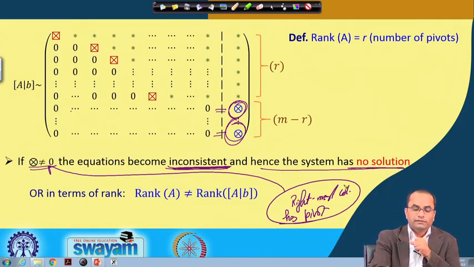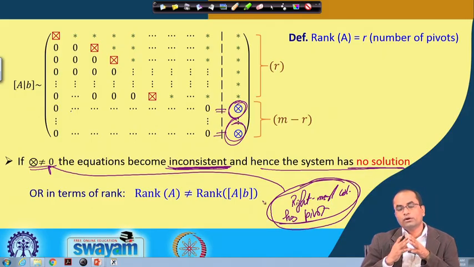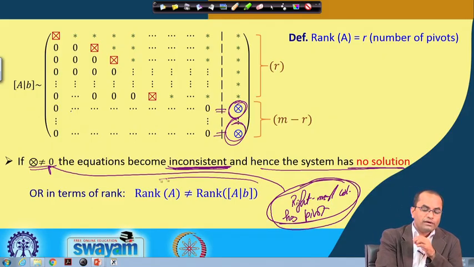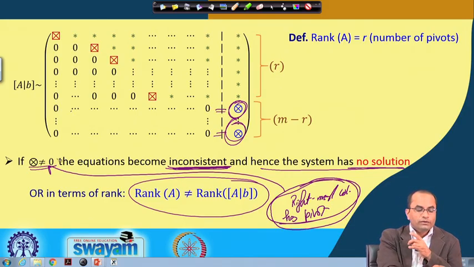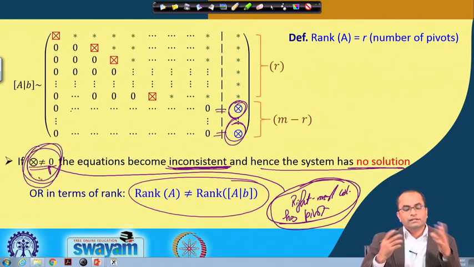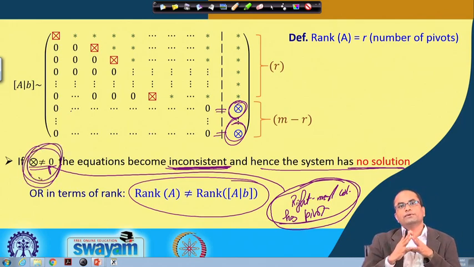So, either the rightmost column has a pivot, or rank A is not equal to the rank of the augmented matrix, or simply by looking at this, if this is non-zero, then we have a case of no solution.